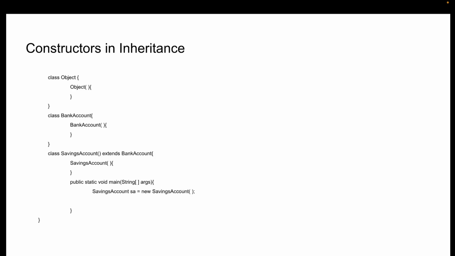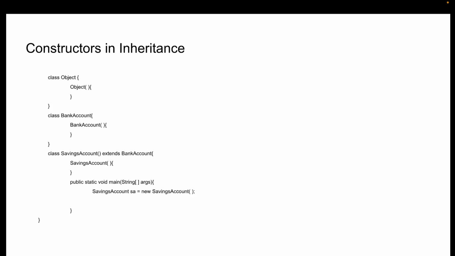See, I told you one concept, that at the top of the hierarchy there is the object class. You don't need to create an object class, but Java has its inbuilt object class, and all the classes that you create or define inherit the object class. Whatever methods are inbuilt in the object class are available to the child classes or subchild classes.